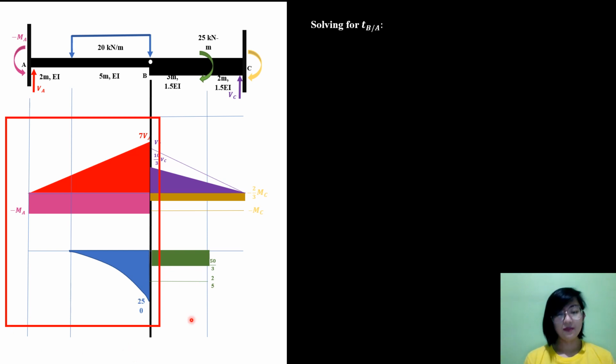So, let's start. So, TBA is equals to 1 over EI times yung, let's start with this one, the negative MA. So, negative MA times yung distance niya, which is 7. So, and yung centroid niya is L over 2, so 7 over 2.